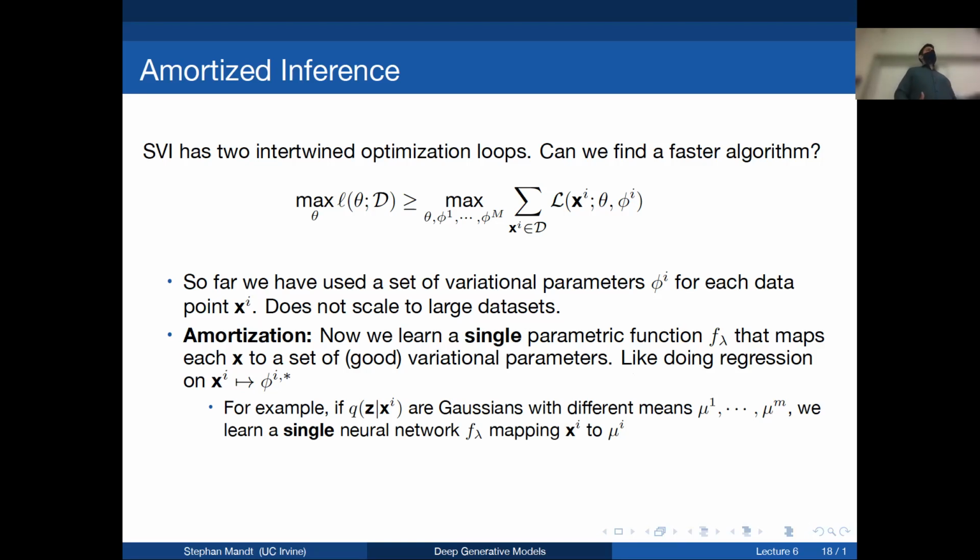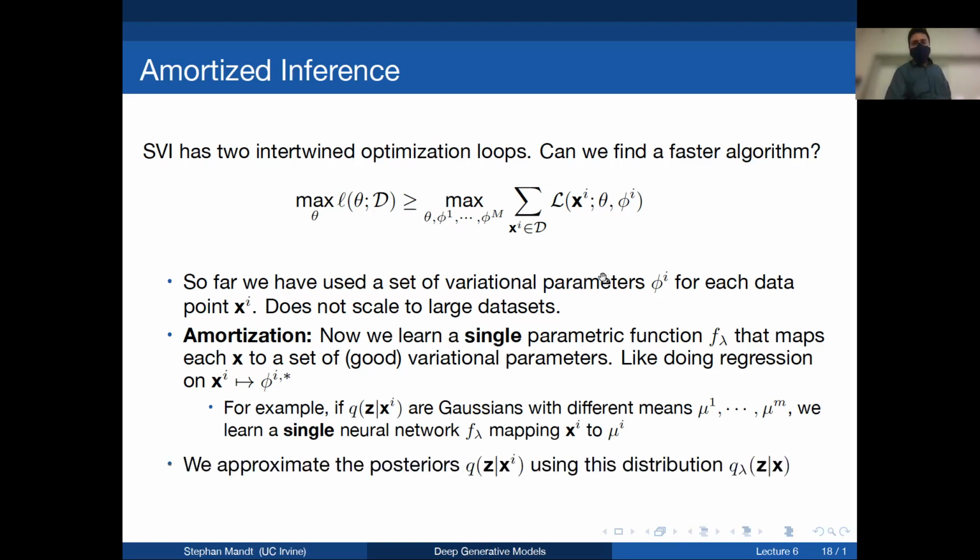What are the new variational parameters? Yes, the parameters lambda. Good answer. The neural network parameters lambda essentially become the new variational parameters, and they're now global. They don't depend on individual data points.